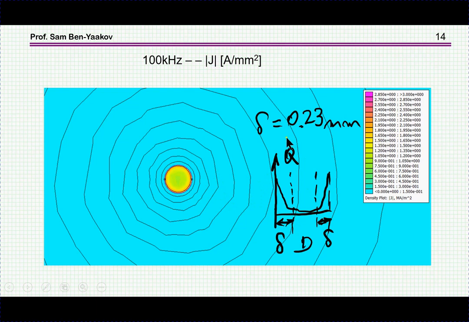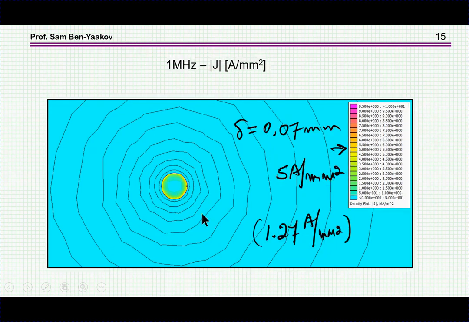Again, we expect a skin depth of 0.23, which, eyeballing it, seems consistent with what we see. If I move to a much higher frequency, the crowding is even larger because the skin depth is only 0.07 millimeter, just at the edge.